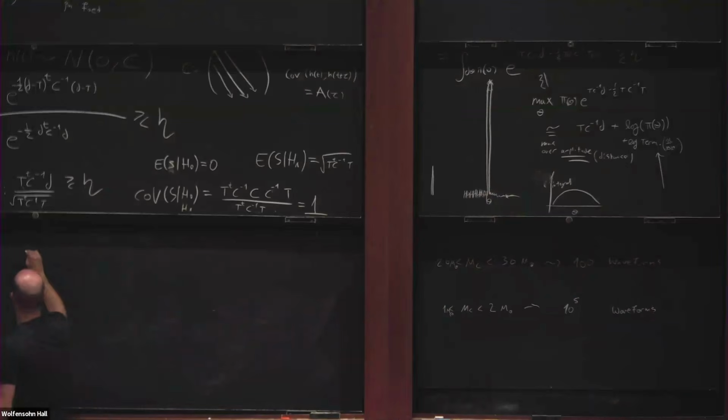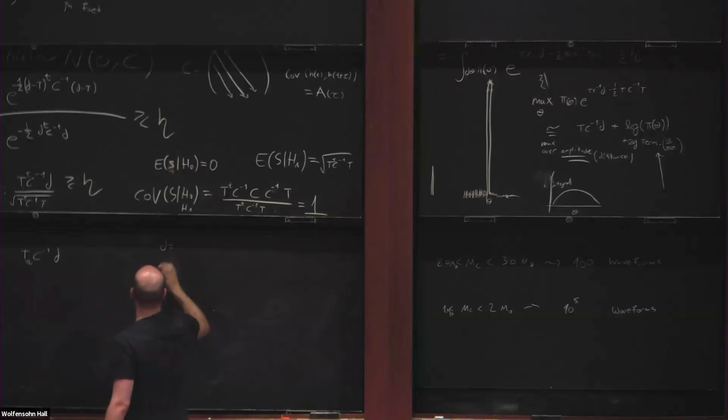So somebody is going to compute t^T C^-1 d, but this t is with that representative. Okay, so that's theta 0. And d has some particular theta. So this would be the test statistic S, and it will be normalized by the square root of t(theta 0)^T C^-1 t(theta 0), right?